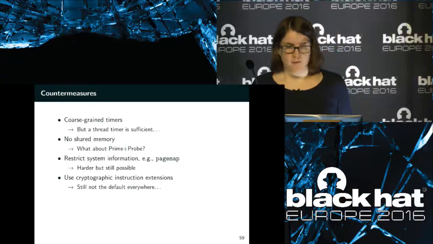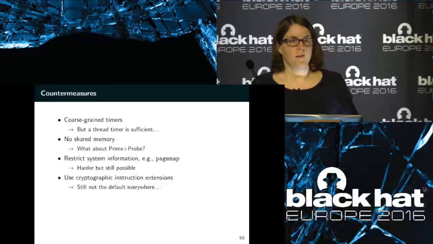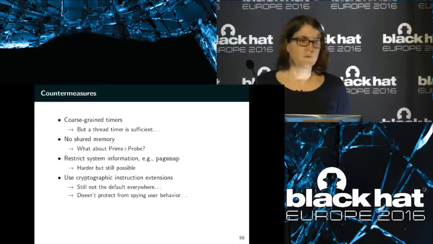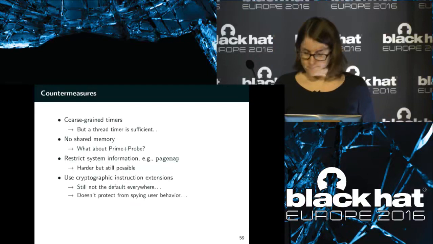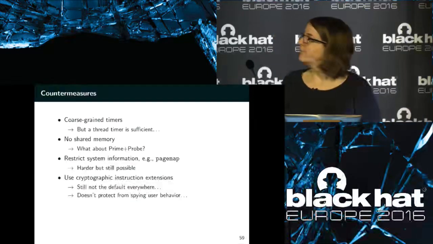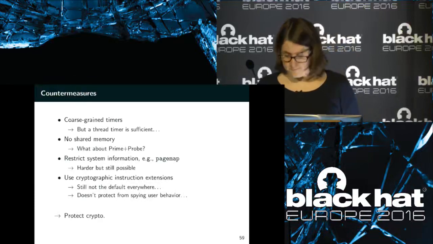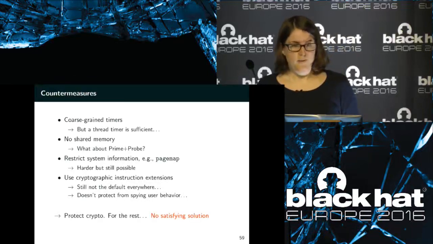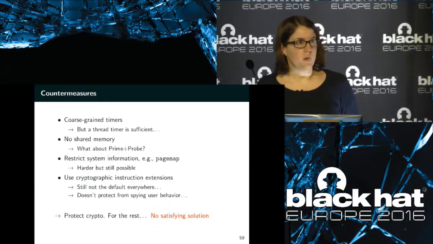So that should be the case. Now it's not a system-wide solution, so it still wouldn't protect from spying on user behavior on the keyboard like we showed you in the demo. So I think the message here is we know how to protect crypto, so we should do that. For the rest, there is really no satisfying solution. We didn't find solutions for Intel CPUs, and I'm not really optimistic that we will find solutions for ARM CPUs anytime soon.